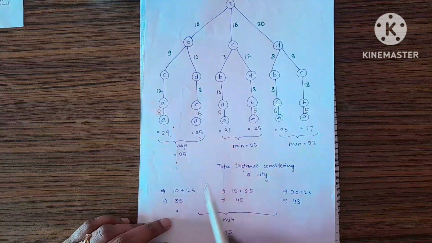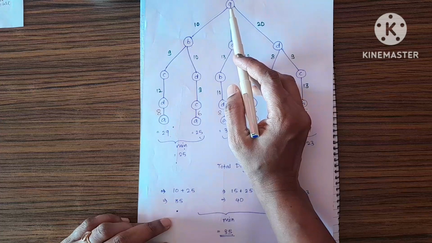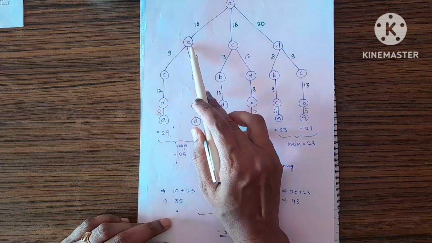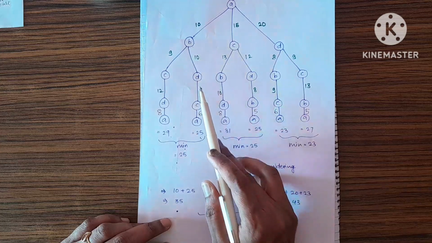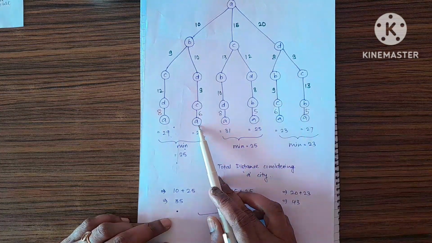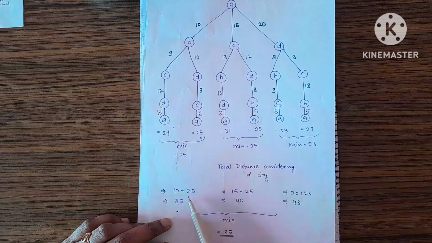So the total distance becomes the distance to travel from A to B, that is 10, plus visiting city D, city C, and then returning to A, which takes 25 distance. So 10 plus 25 is 35.